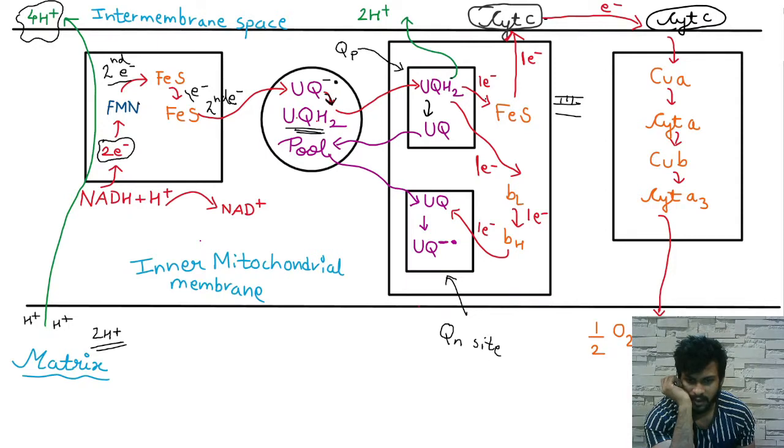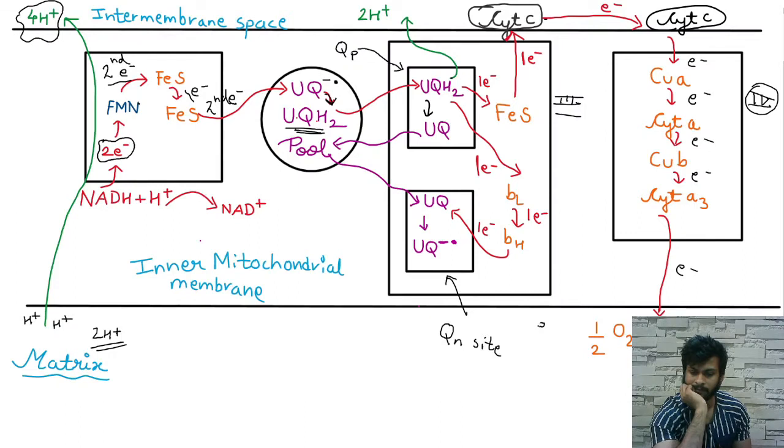So it will first release its first electron to FeS. FeS will transfer the first electron to cytochrome C. Cytochrome C will carry the electron and bind to complex 4. From complex 4, the electron will be passed to CuA, cytochrome a, CuB, cytochrome a3, and ultimately the electron will enter the matrix.